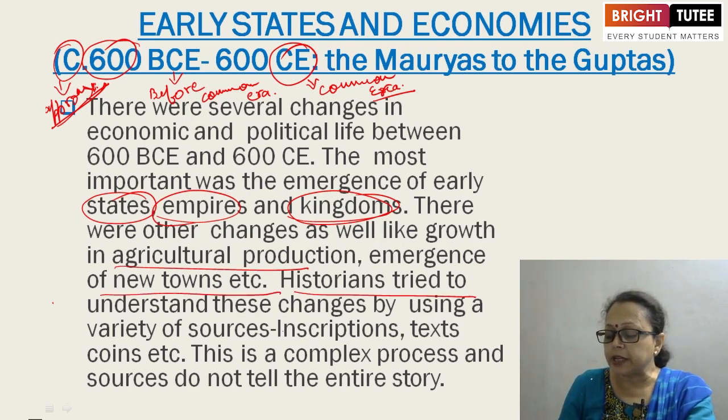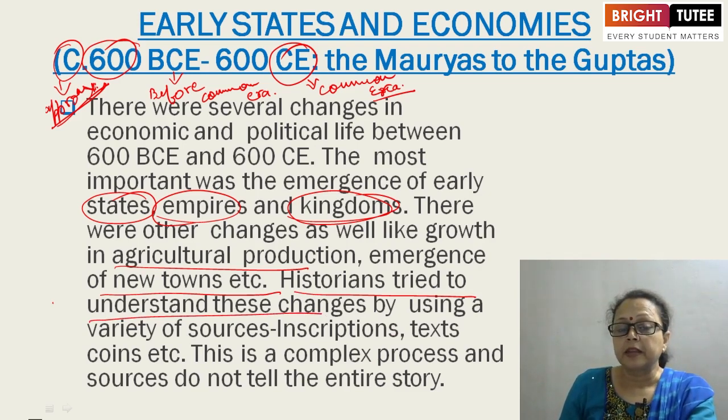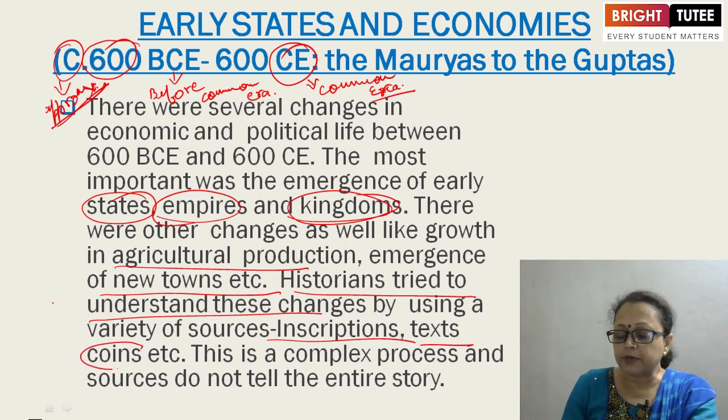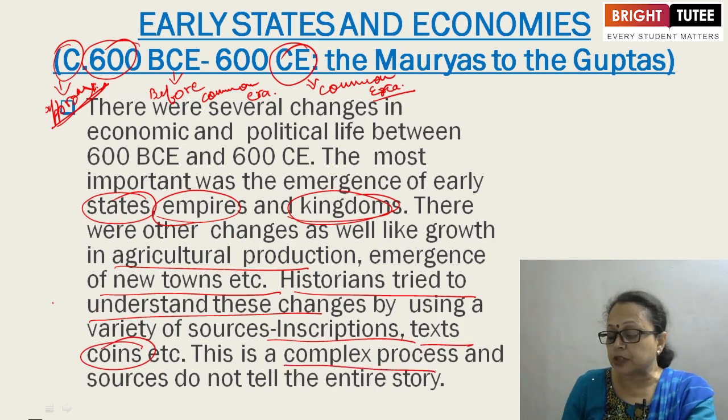So the historians try to understand these changes by using a variety of sources, like inscriptions, then texts which are available, and the coins which were used by the rulers. But it is not an easy task to understand. It's a complex process, and sources do not tell the entire story.